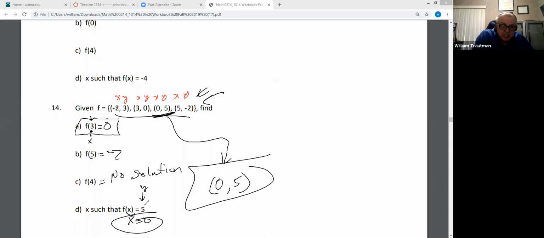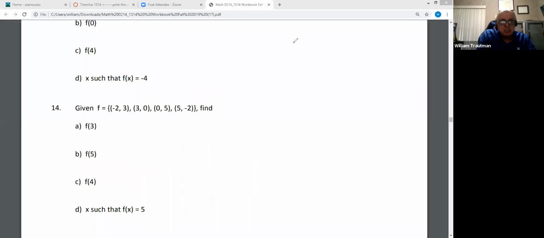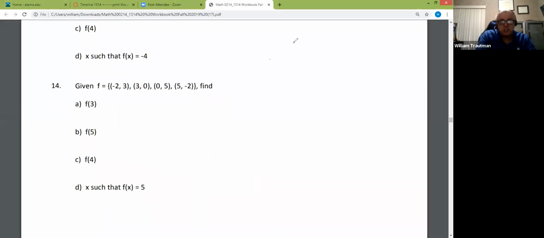Do you see? When y is 5, the x value is 0. So it's important to understand these are the x values, and then what's by itself, not in the parentheses, is the y value. All right. So these are just different ways of showing different functions.